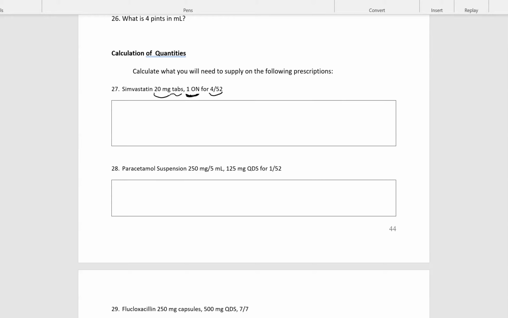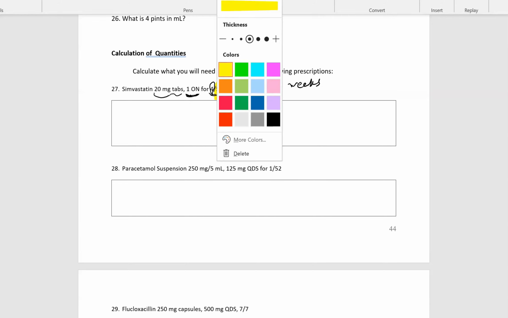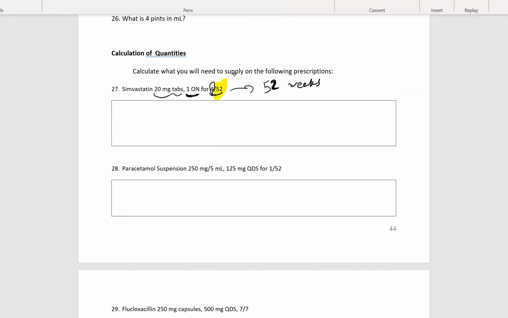In 1 year you have 52 weeks, and the doctor mentioned 4 weeks. So how many days? 4 times 7.